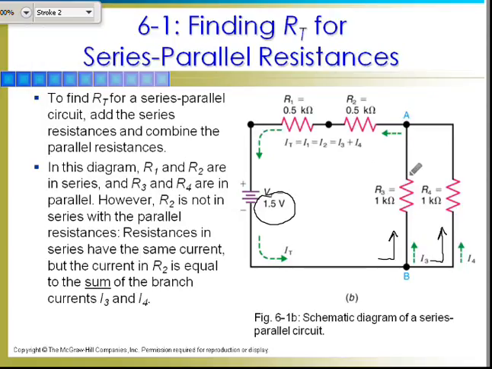It happens to be one of our special cases in that both of these resistors are the same value. So I have two resistors in parallel. They are the same value. So using the special case for same value resistors, I take the value of 1 divided by the number of resistors.